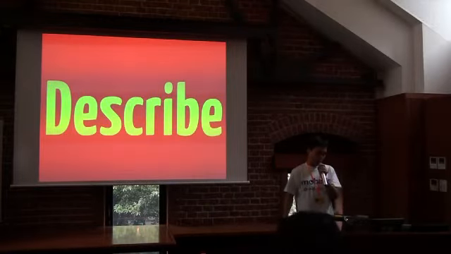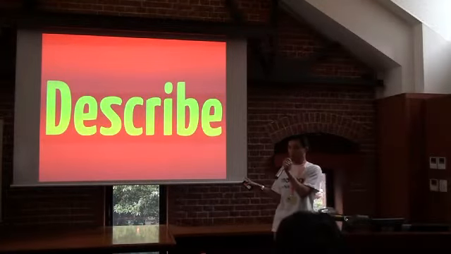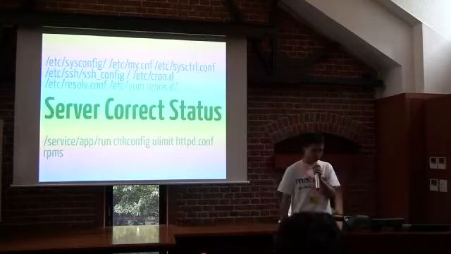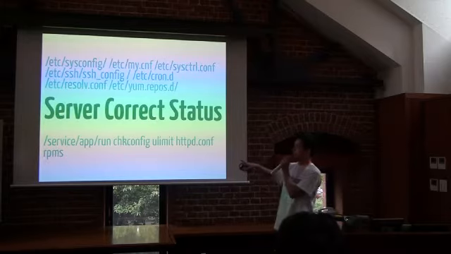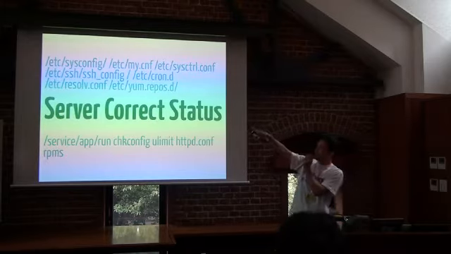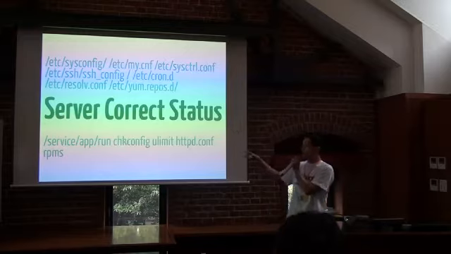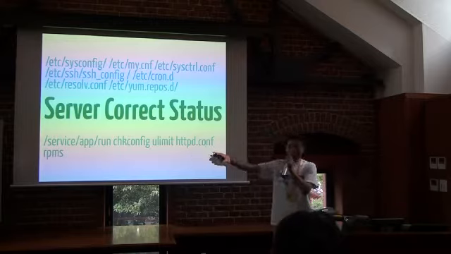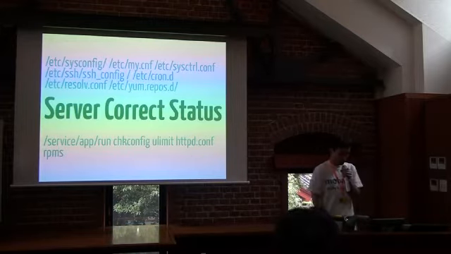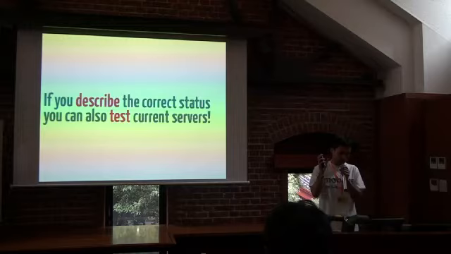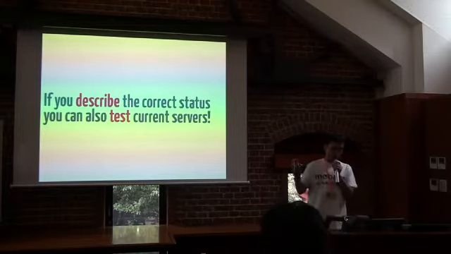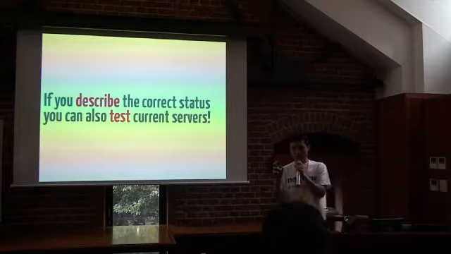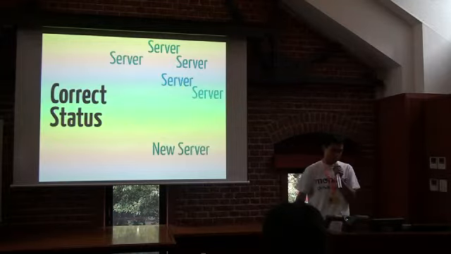So describe is a very important keyword for this session. You should describe the correct server status, like some configuration files or some parameters, or like checking config in the chat. And if you describe the correct status, then you can test not only setup but also current servers.